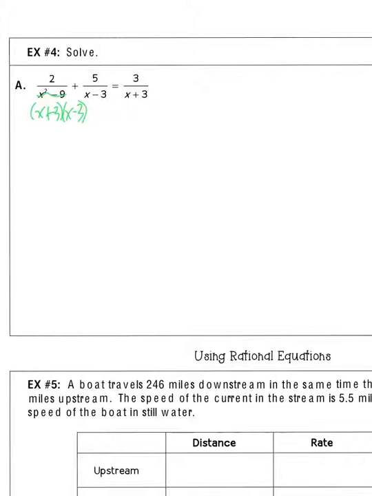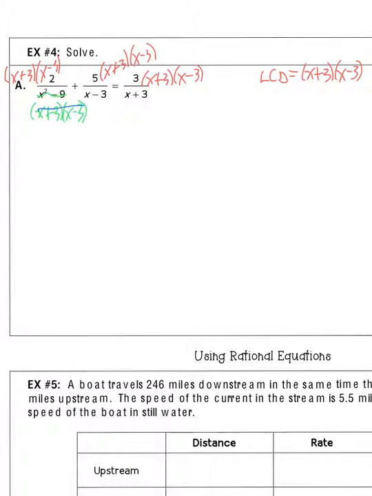So your LCD is going to equal x plus 3, x minus 3. So let's multiply everything by the LCD. Okay, so then cancel what will cancel.